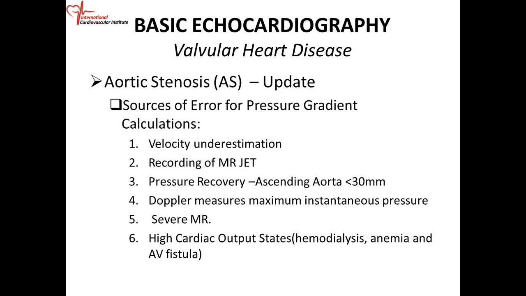Patients on hemodialysis, because you have shunts, those shunts increase cardiac output, increase the velocity and the gradient across the valve, falsely increasing the gradient. Anemia and any situation where you have AV fistula, sepsis, anything like that with increased output is going to falsely increase that gradient. So you have to bear that in mind. All right?